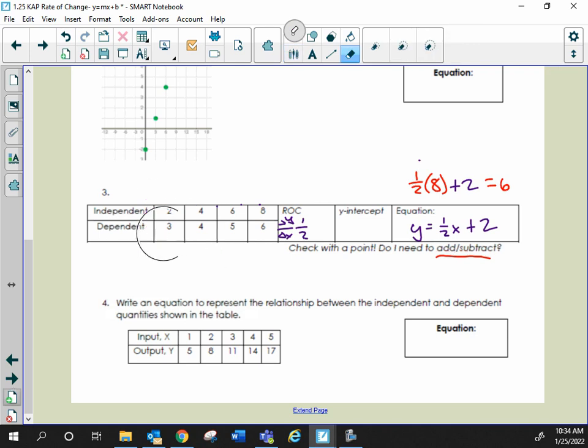Let me try that one more time. Each time you were increasing by 2 and increasing by 1. To work back to 0, I'm going by that same interval, it's still by 2, so I still need to go by 1 on the y. And so I'm going down since I go backwards, so that would give me 2, which is that y-intercept.